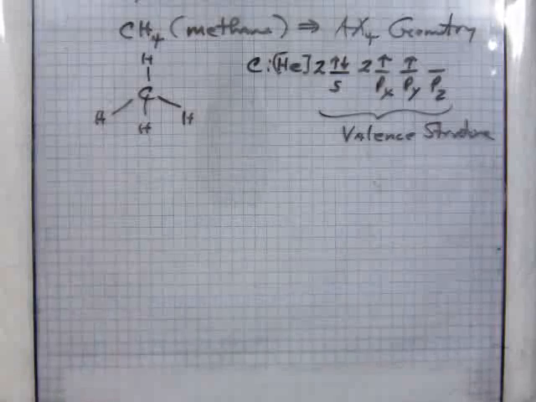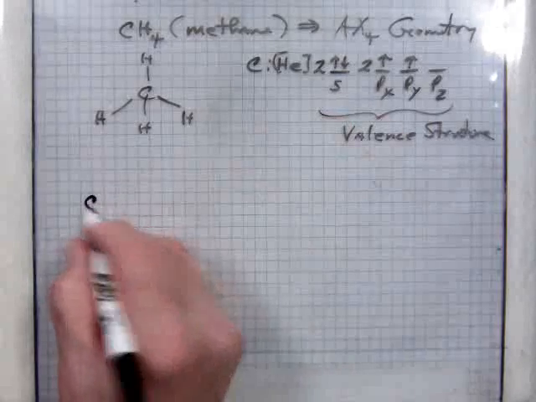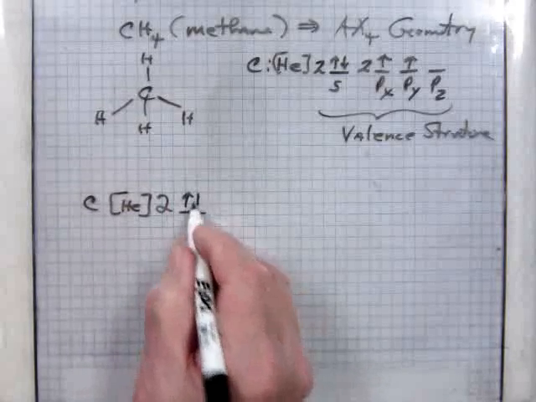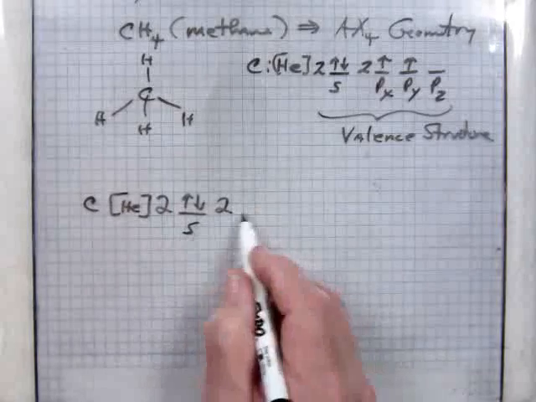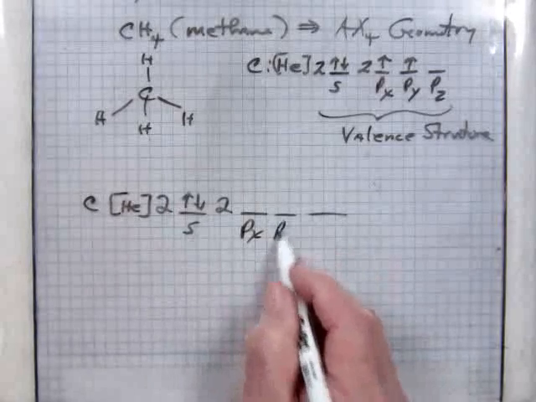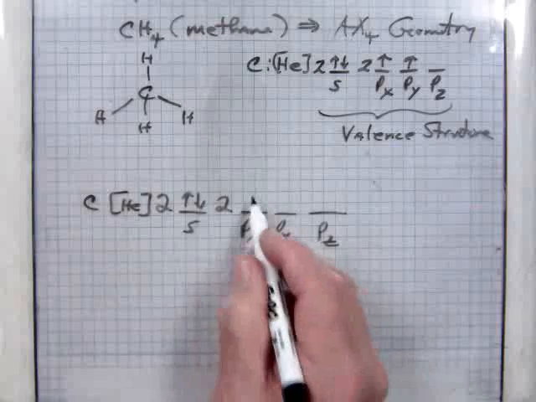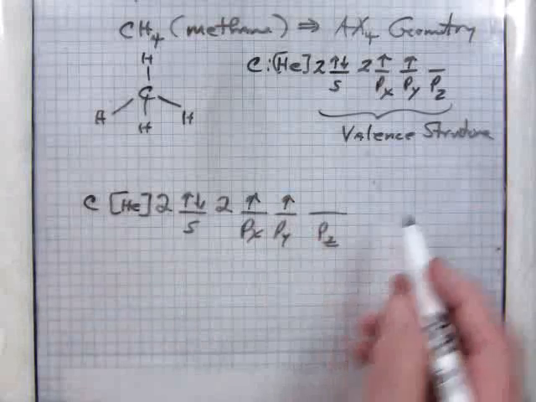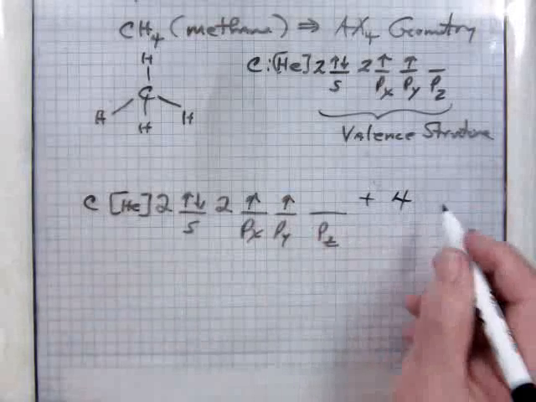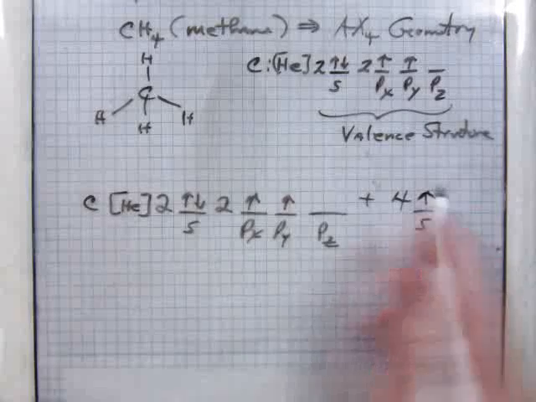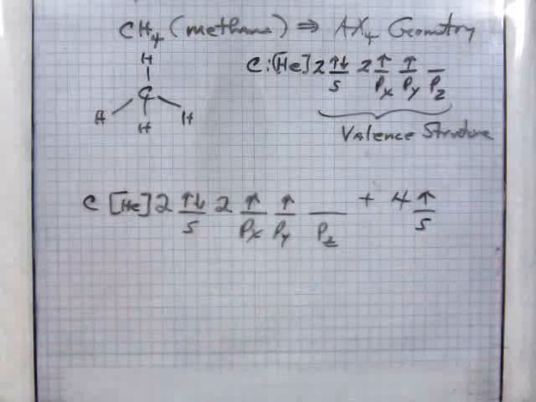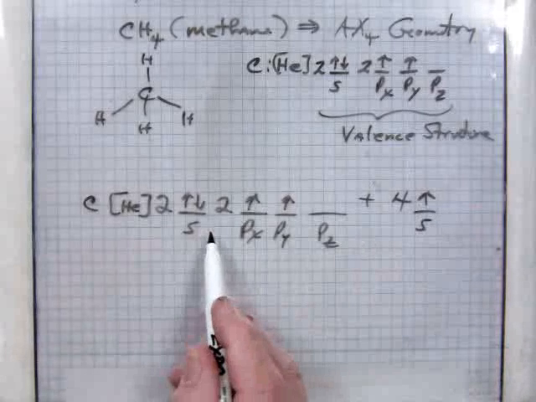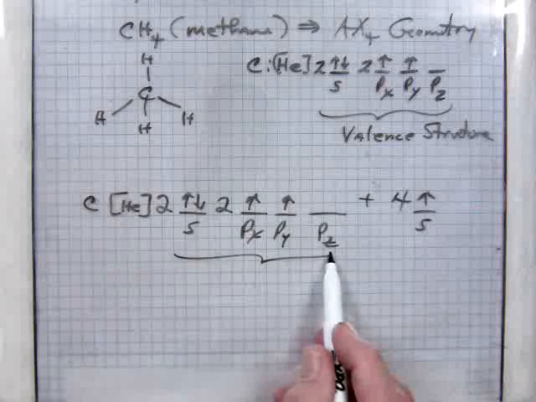Second thing to look at is that if you have carbon, helium core, and start out with this atomic configuration, valence configuration, what you're having to put in here is 4 s1 orbitals. So you have to get 4 of these electrons into the valence structure of carbon.